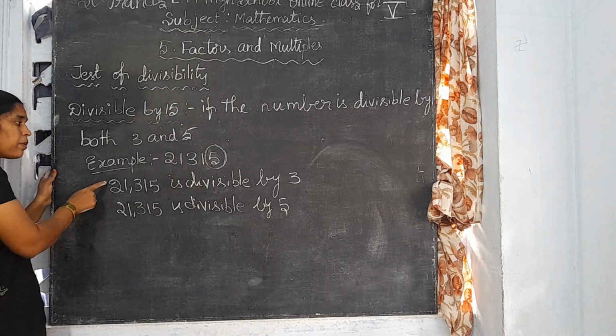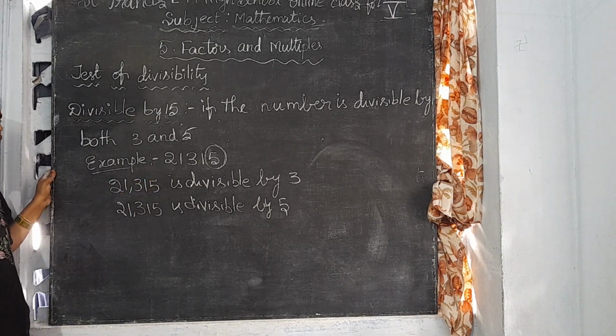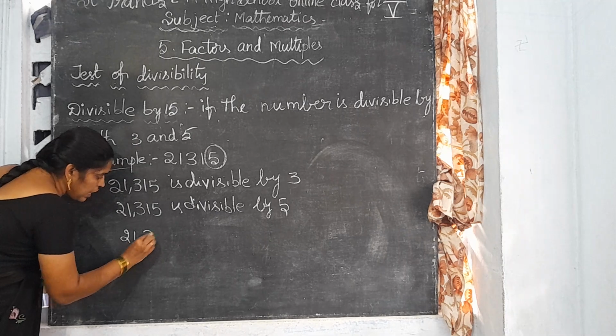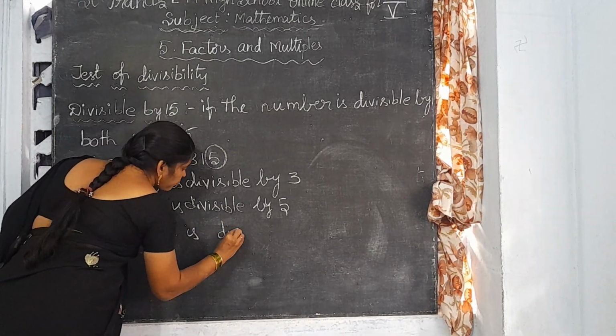It is divisible by both 3 and 5, so the number is divisible by 15. So 21,315 is divisible by 15.